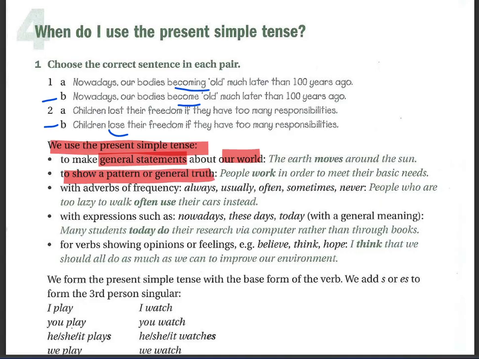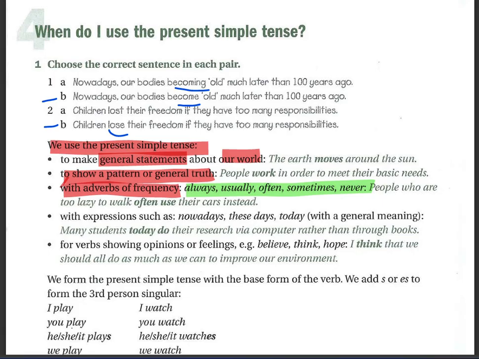So, another point, to show a pattern or general truth. People work in order to meet their basic needs. So, when you want to show a pattern or a general truth, you can use the present simple. The next one, with adverbs of frequency: always, usually, often, sometimes, never. So, we use adverbs of frequency with simple present. Look at the example.